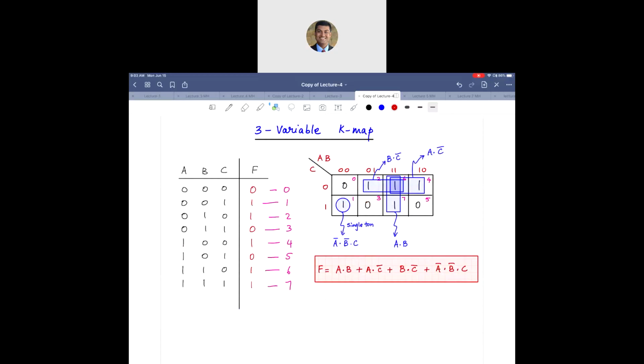But let me take questions about this one first. Questions about this particular example of 3-variable K-map.